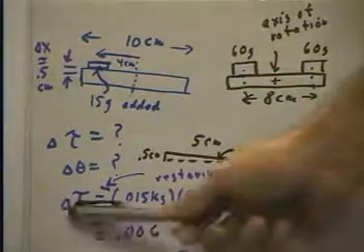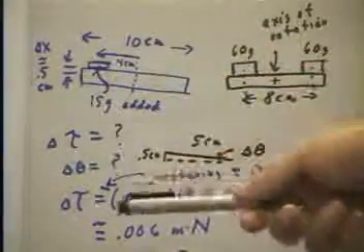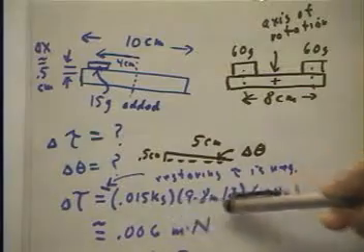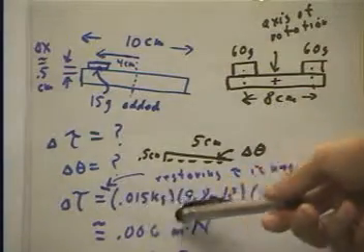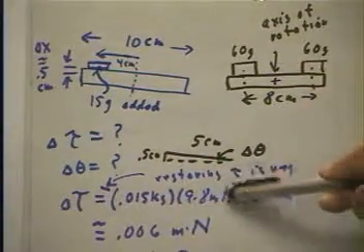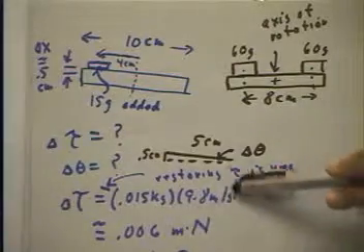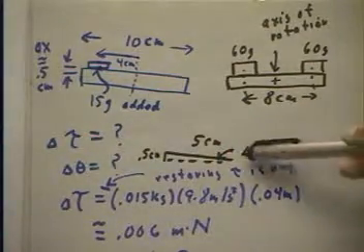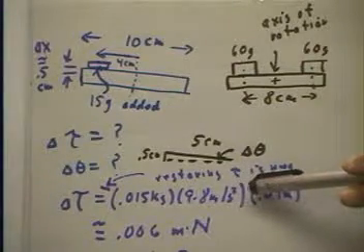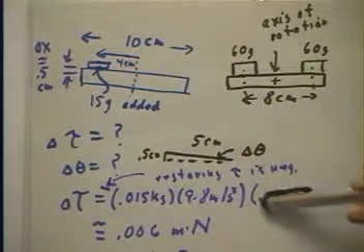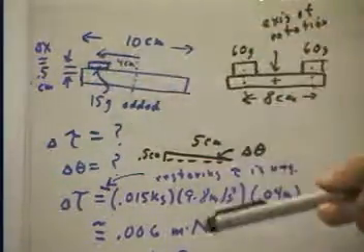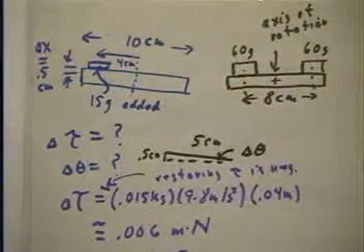Okay, the torque that we got here was the weight of the 15 gram mass, which is 0.015 kilograms times 9.8 meters per second squared, multiplied by the moment arm, which was the 0.04 meters, the 4 centimeters from the axis of rotation out to the point of application.